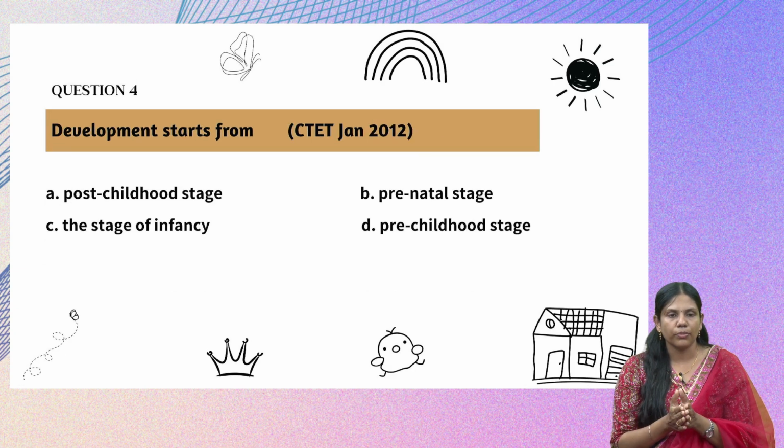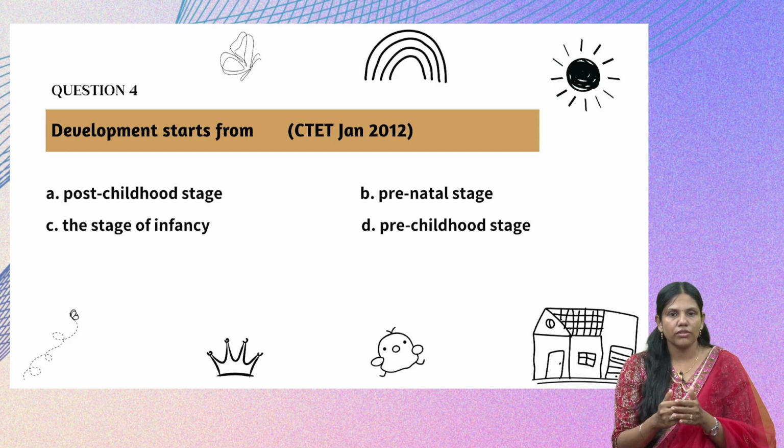Development starts from. The options are post childhood stage, prenatal stage, the stage of infancy, pre-childhood stage. Can you guess the correct answer? Post childhood stage means it is after the childhood, that is adolescence age, but development starts before that. Then the prenatal stage, that is even before the birth.